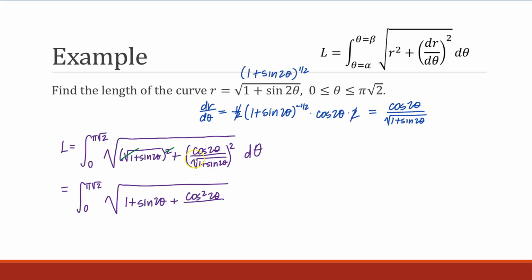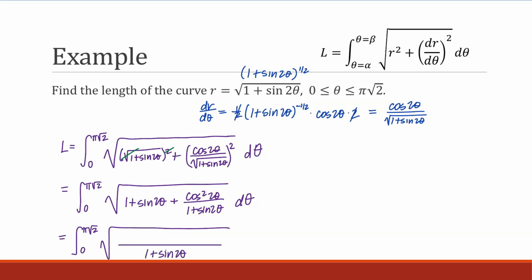And then here, the square root and the square cancel, so we have 1 plus sine 2 theta in the denominator. So let's try to make these have common denominators here. So we're looking at the integral from 0 to pi times rad 2 of the square root of, we're going to have a big fraction bar in here. We're going to have that common denominator be 1 plus sine 2 theta.